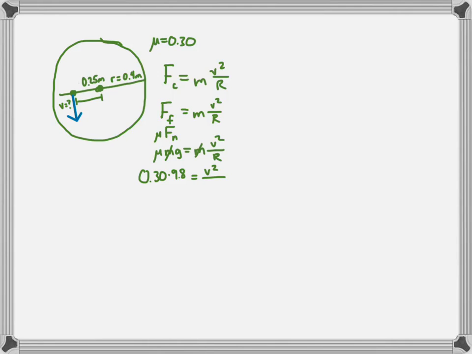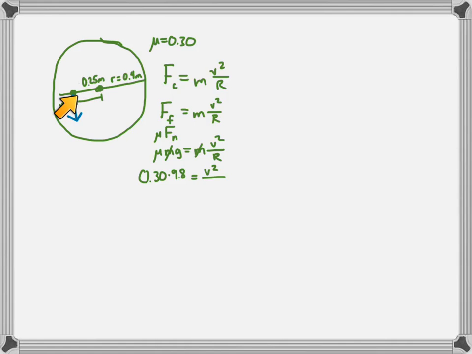Now be very careful about which r you use here, because we have the radius of the table, but we also have a distance from the center out to the penny. Which radius should I put in here?